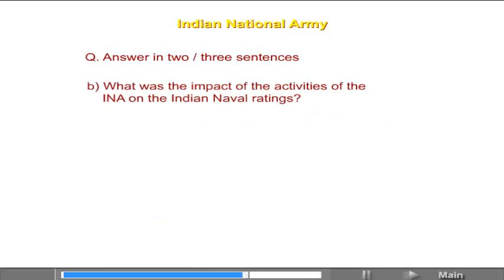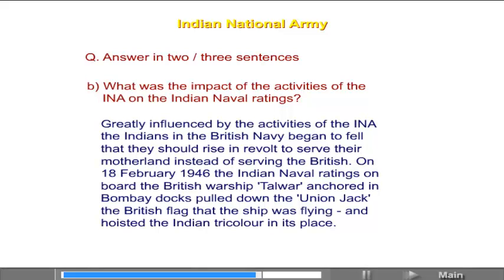What was the impact of the activities of the INA on the Indian naval ratings? Greatly influenced by the activities of the INA, the Indians in the British Navy began to feel that they should rise in revolt to serve their motherland instead of serving the British.